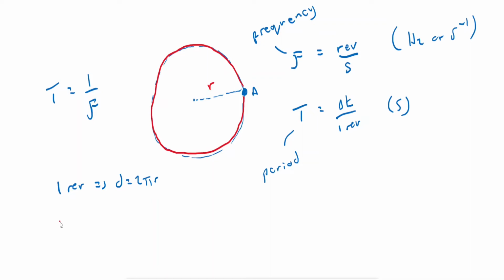Also, I know that for this one revolution, the time I take is called the period. And I know that the speed is given by distance divided by time. The distance is 2 pi r, and the time for one revolution is the period.